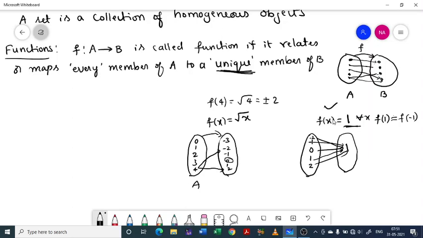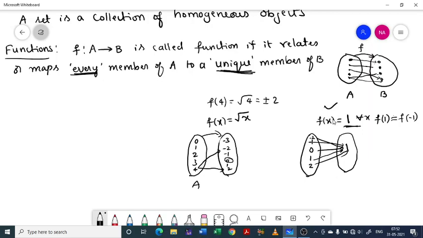But here some member of B, if we don't have a pre-image, no problem. So that is the importance of these two words. Every element of A should have a unique image in B. So this is about the definition. Any mapping or any relation, basically it is a relation, we must say. Any relation which maps every element of A to a unique element of B is called a function.